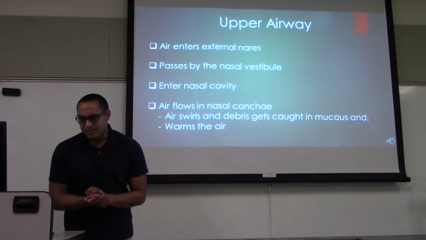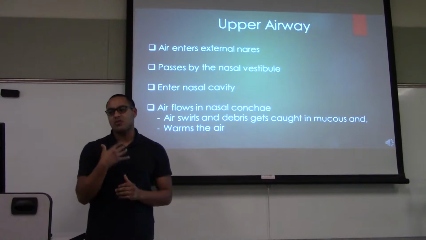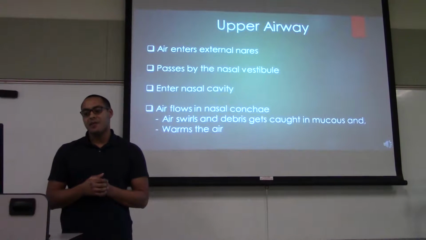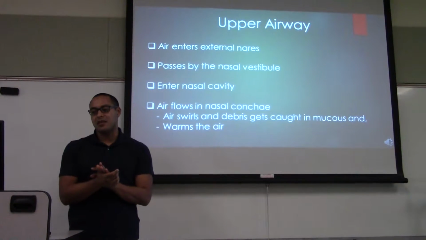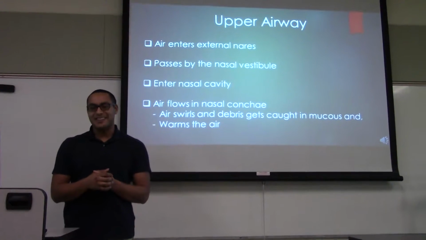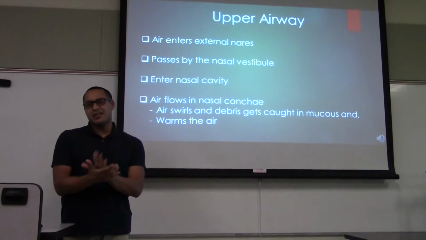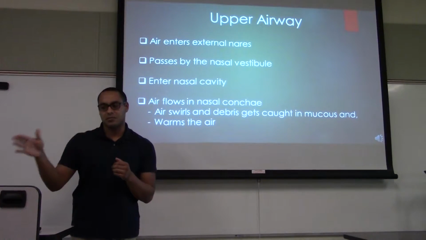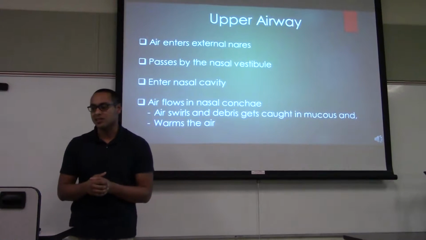Okay, upper airways. Air enters the external nares, through the nose. Then it passes by the nasal vestibule. Then it enters the nasal cavity. There's a picture next, you'll see what it looks like.